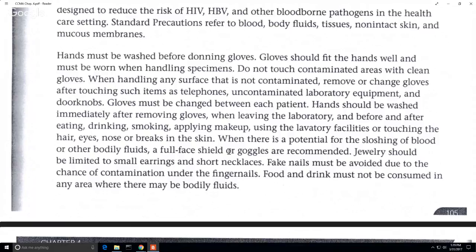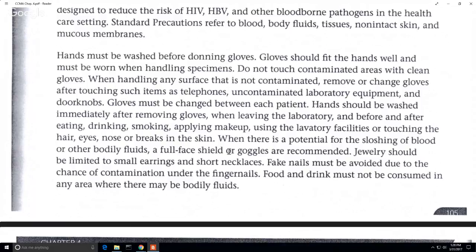When handling any surface that is not contaminated, remove or change gloves after touching such items as telephone, uncontaminated laboratory equipment, and doorknobs. Gloves must be changed between each patient. So each patient has to have new gloves.